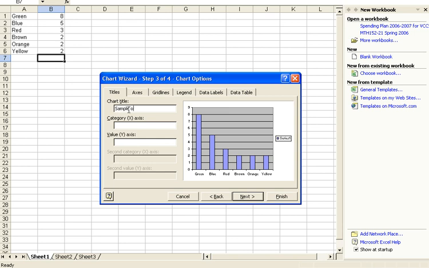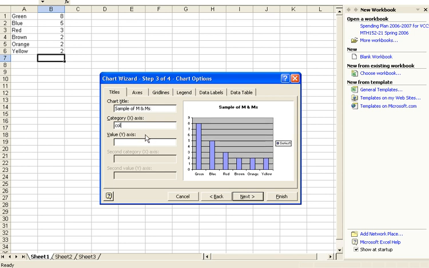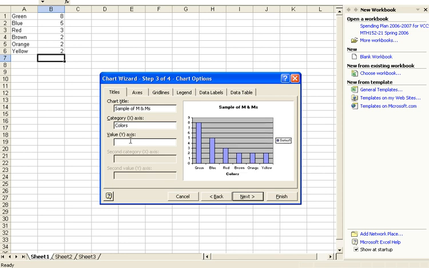Let's call it sample of M and M's. Along the x-axis, I have colors. And let me make that a capital C. Along the y-axis, I have counts or frequency. Or let's just do number.